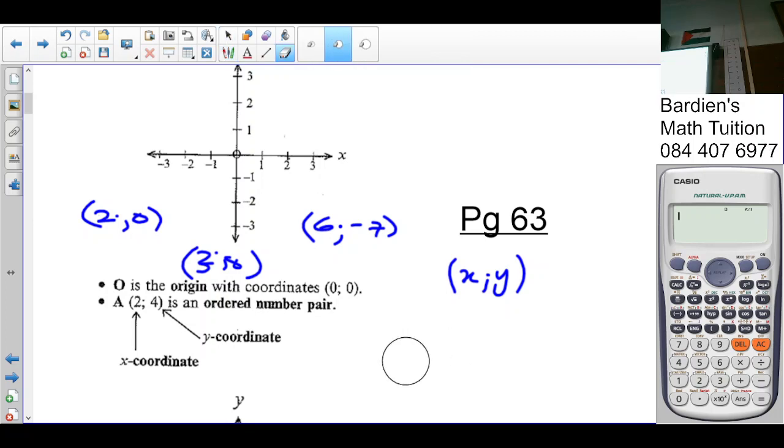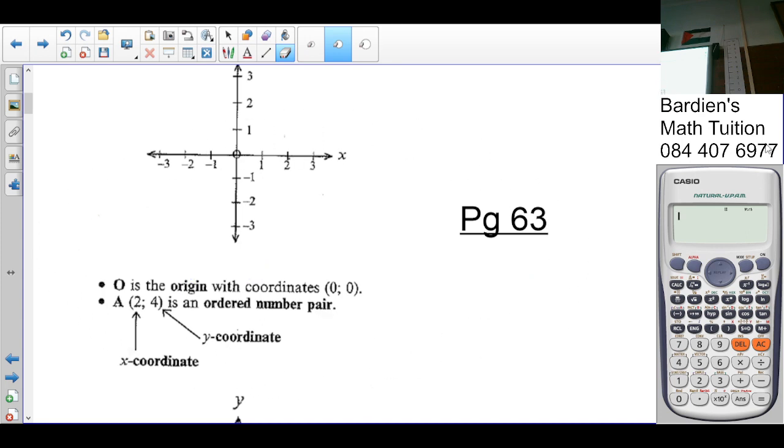Okay. So if I must take this number, which is 2 and 4, and I must plot that number on this Cartesian plane, or that coordinates on the Cartesian plane, or the ordered number pair on the Cartesian plane, I'll do the following. 2 is your x, so there's 2.